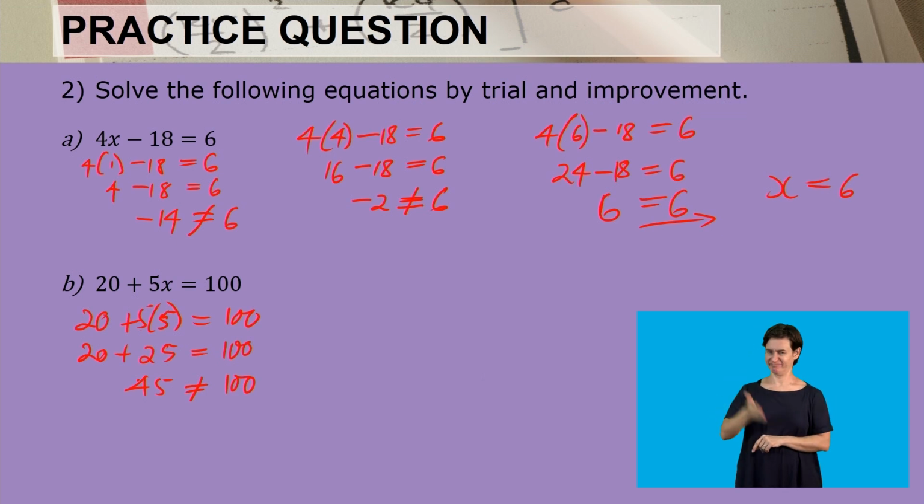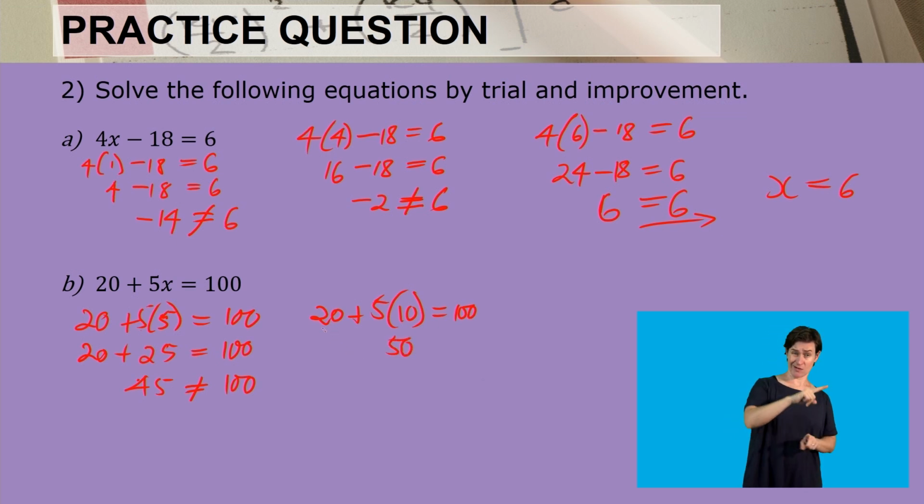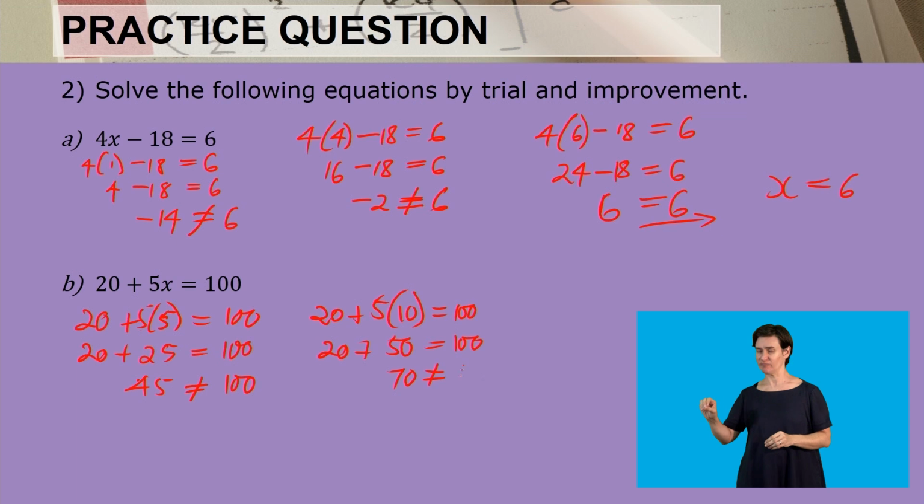All right, let's try 10, because 45 is very far from 100. So we'll have 20 plus 5 multiplied by 10 equals 100. 5 times 10 is 50, and 20 plus 50 is 70, and it's still not equal to 100.